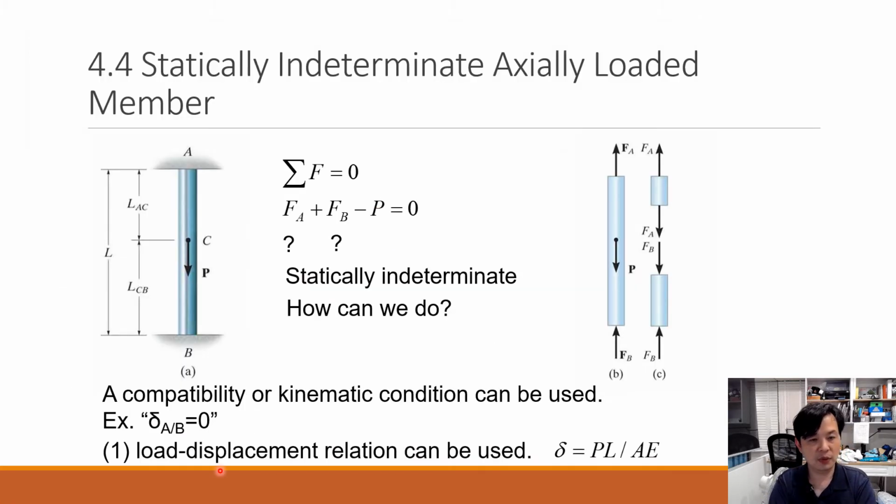Next one, 4.4. This is a new section in this chapter. It's called statically indeterminate axial loaded member. In fact, this section tries to introduce a new type of problem we call statically indeterminate. Let's highlight this part. What's the meaning of static?